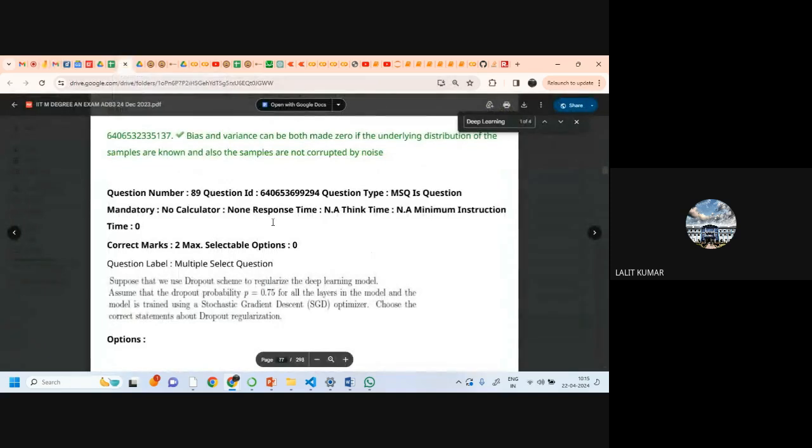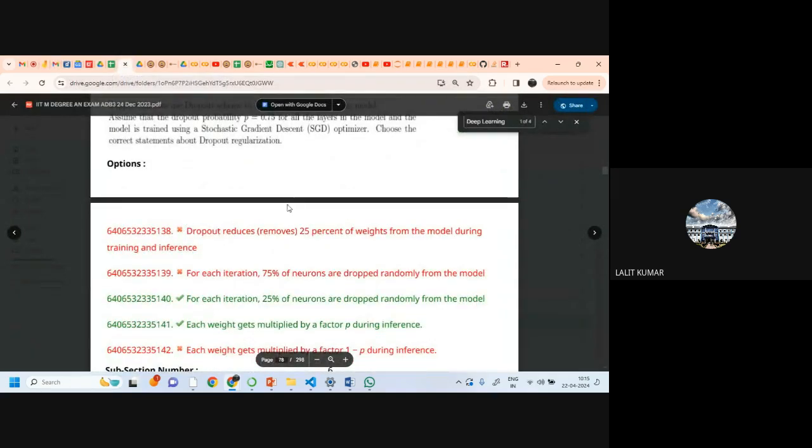So what it says is, dropout reduces 25% of weights from the model during training and inference.